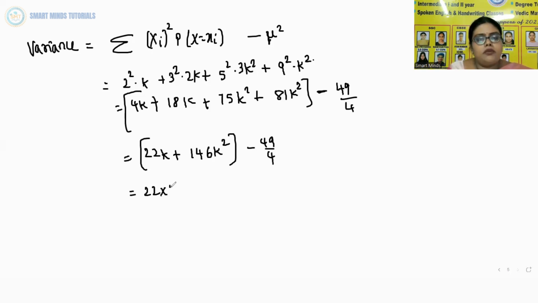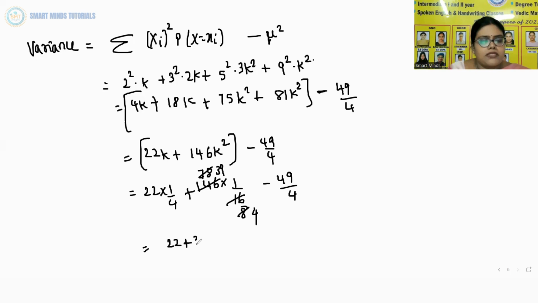So that is 22 into 1 by 4 plus 146 into 1 by 16 minus 49 by 4. 2 7s are 14, 2 8s are 16. Then 2 39s are 2 4s are. All denominators are same. We can add the numerators. 22 plus 39 minus 49 by 4. That is 12 by 4, which is equal to 3.